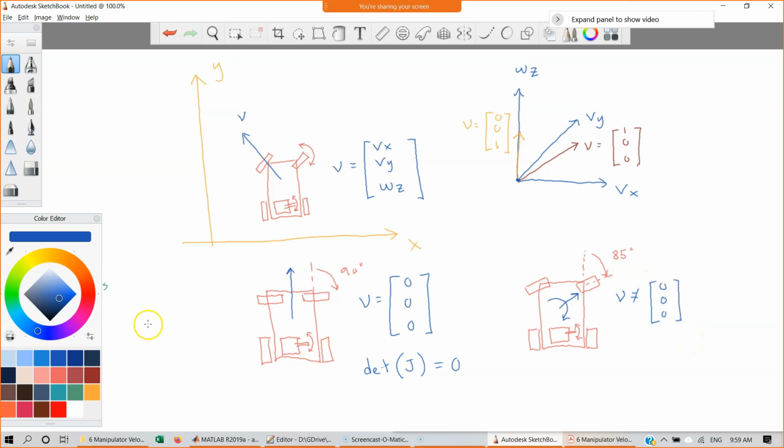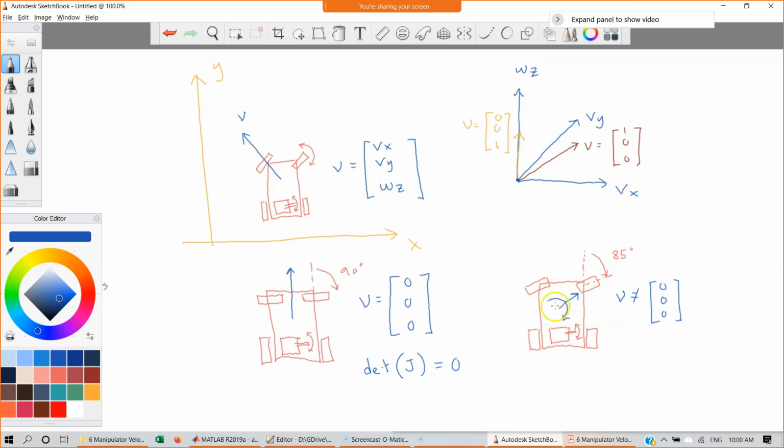Okay, so in this configuration, you will not have any motion because this is what we call the gimbal lock. And if you try to analyze the Jacobian matrix, the determinant is 0. In this configuration, slightly away from the singularity, if we have your wheels at 85 degrees, if you push your motor hard enough, you can have some non-zero motion.